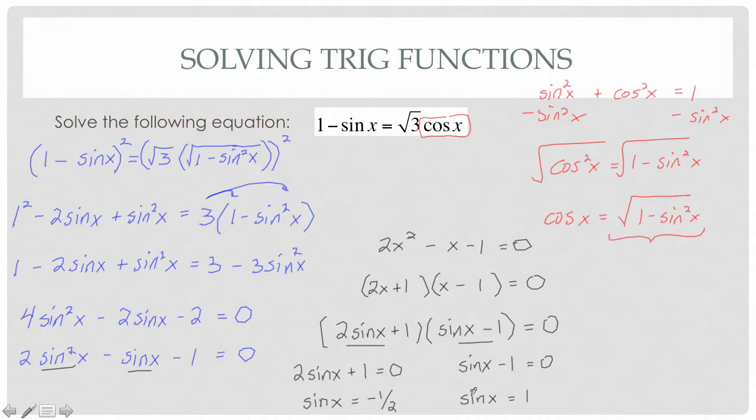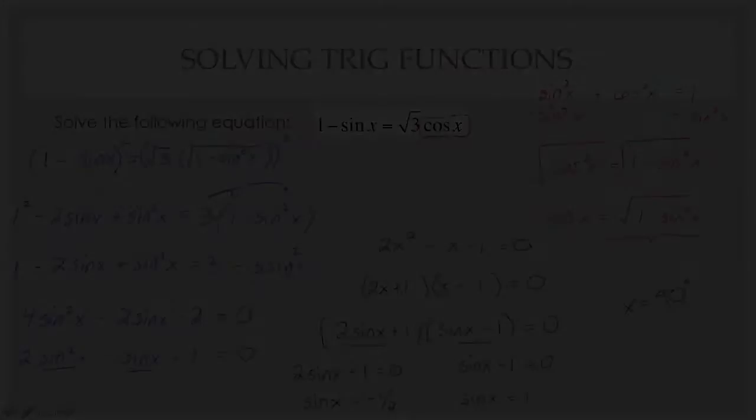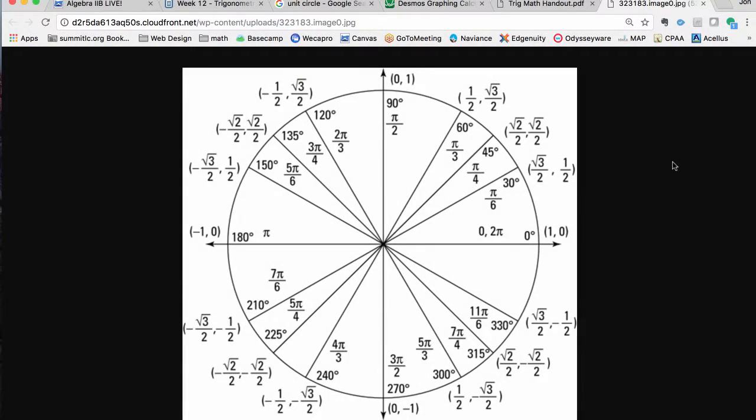So let's look on my unit circle and see what angles give me negative 1/2 for sine and positive 1 for sine. I already know the positive 1. That's when it's straight up, so that's when x equals 90 degrees. But now let's find out when my sine value is negative 1/2. Here I'm on my unit circle, looking for the sine of what angle gives me negative 1/2.